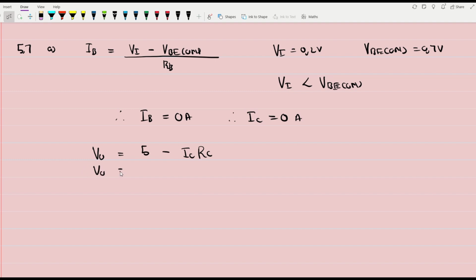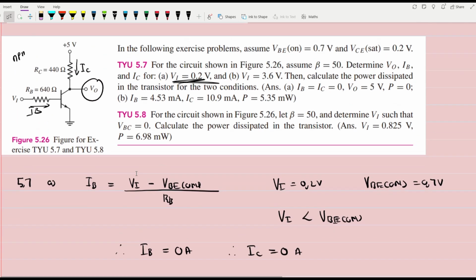Now we know that IC is equal to 0 amperes, so we have 5 minus 0, and VO is equal to 5 volts. So we are done with part A. IB and IC are equal to 0, and VO is equal to 5 volts.